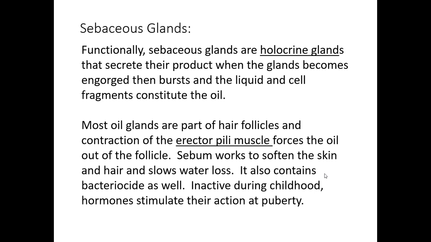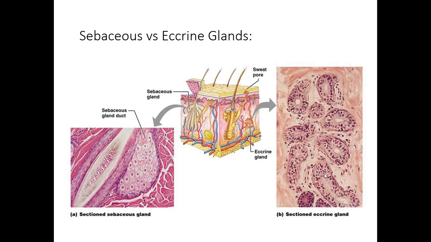It also helps soften hair, and for both, it provides a slowing of water loss. It also contains bactericide as well, and it's inactive in children. Hormones stimulate the production of our oil glands once we've reached puberty.